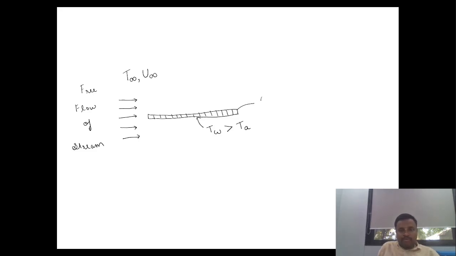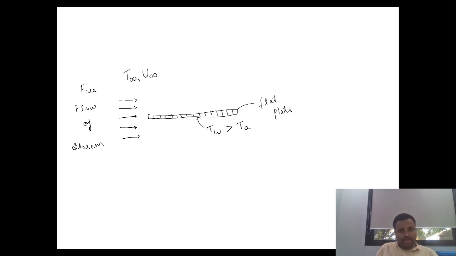This is a flat plate. I am not much worried, at least now, with the geometry, geometrical parameters, and material properties. I am just defining two variables: one is the temperature and another one is the velocity.